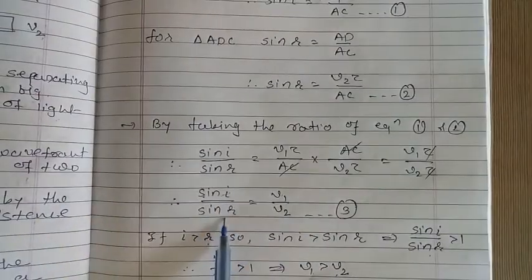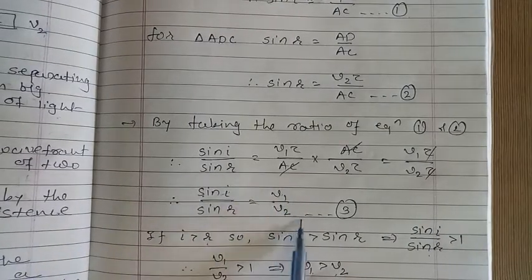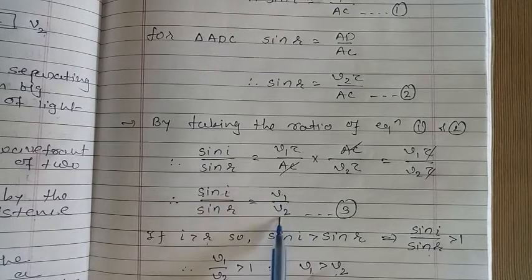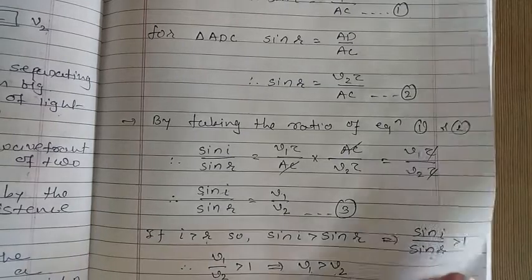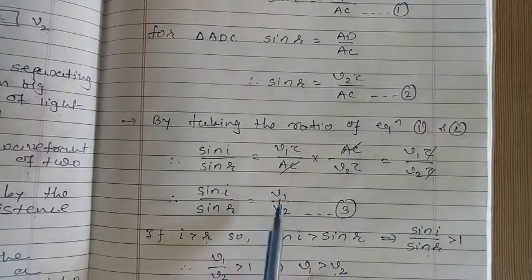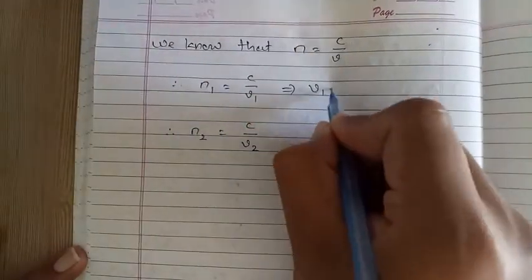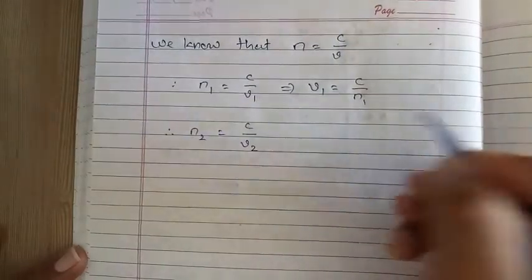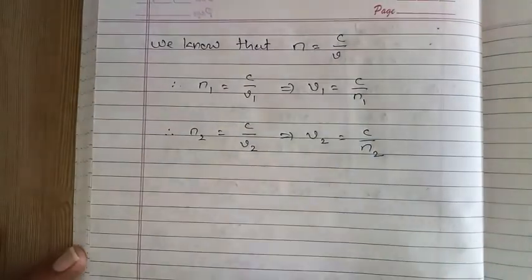Here we have to find the ratio sin I upon sin R is equal to V1 upon V2, so we have to prove the relation between V1 upon V2 and the refractive index. So we find V1 is equal to C upon n1 and V2 is equal to C upon n2.